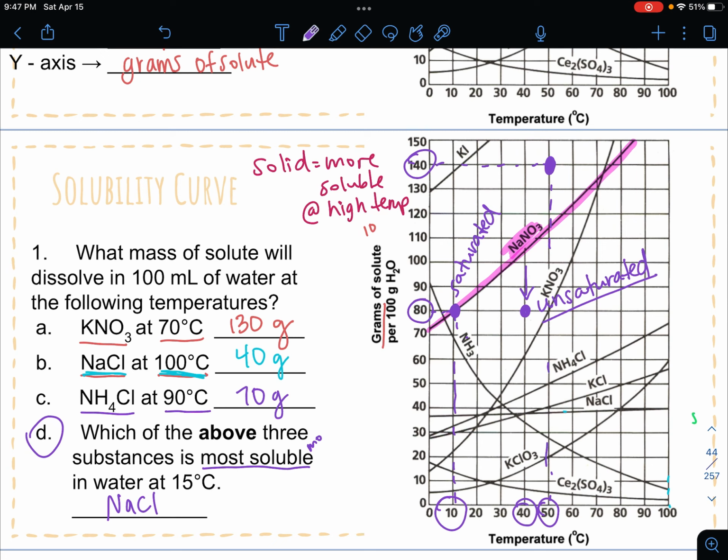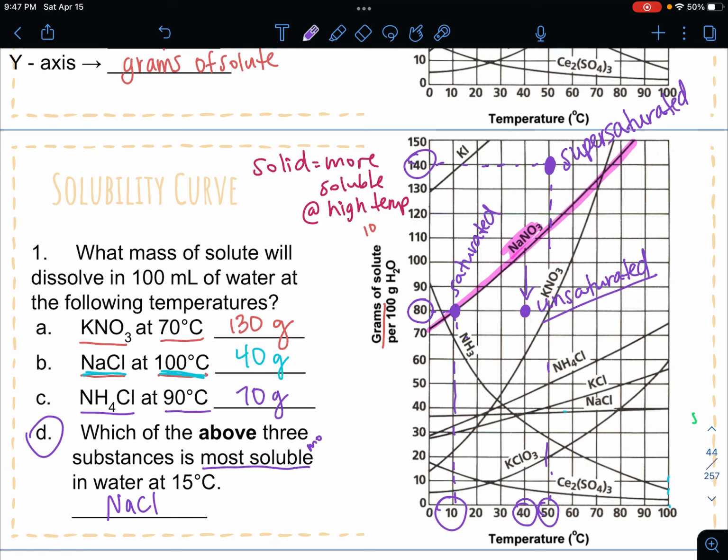If I have 140 grams at 50 degrees, this dot is above the line, so that makes this a supersaturated solution. Okay, so for the back part of your notes at the top, it's going to ask you, is it supersaturated, saturated, or unsaturated? And it's your job to try to identify where that is.